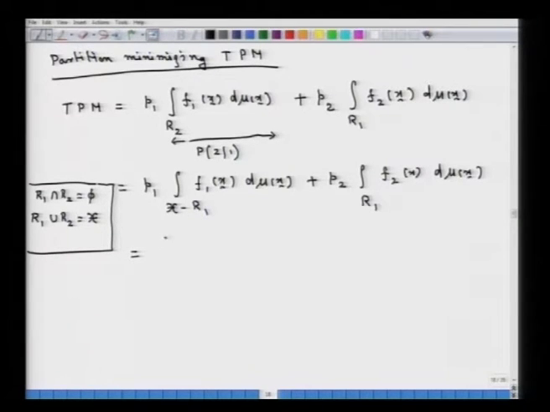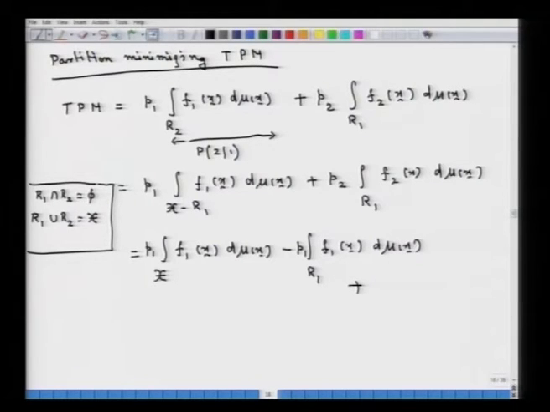So, this P1 constant remains as it is: P1 times integral over X of f1(x) d mu(x), minus integral over R1 of P1 f1(x) d mu(x), plus P2 times integral over R1 of f2(x) d mu(x).